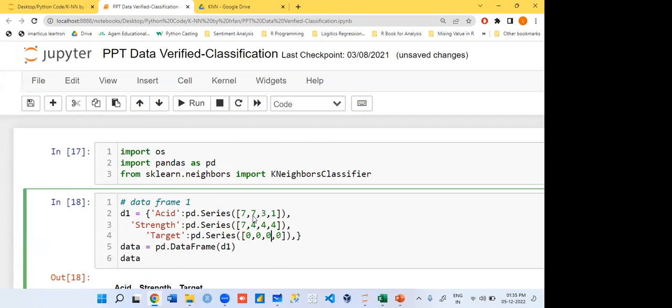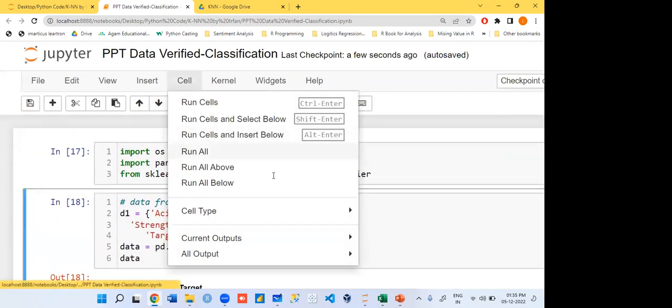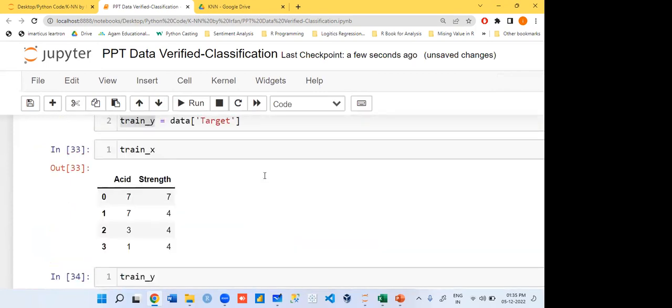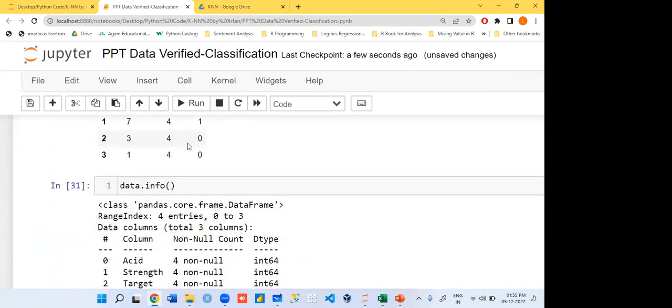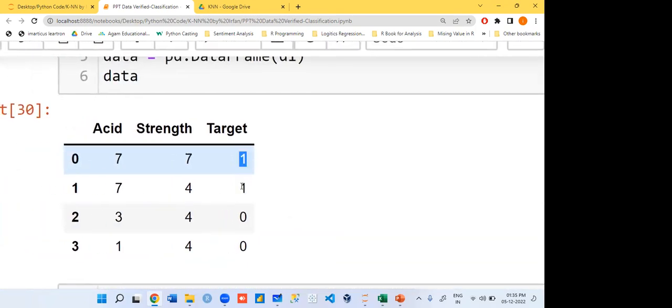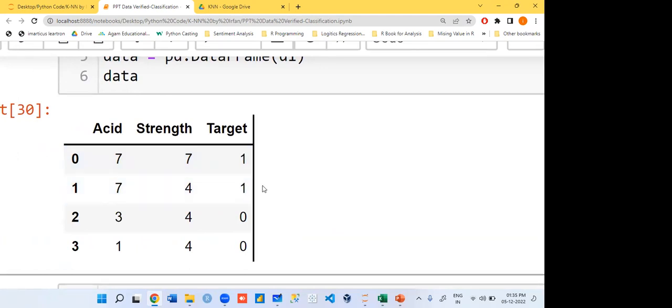So in our case, what is bad? The first 2 rows are bad. That's the reason, guys, I have written 1 over here. Clear.